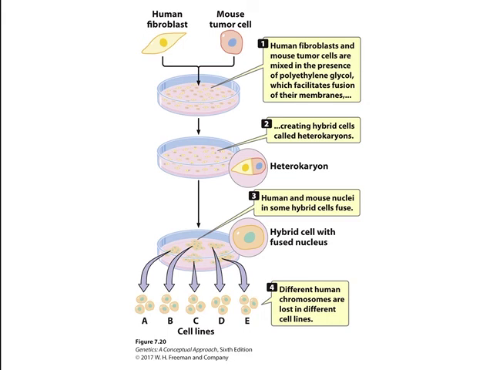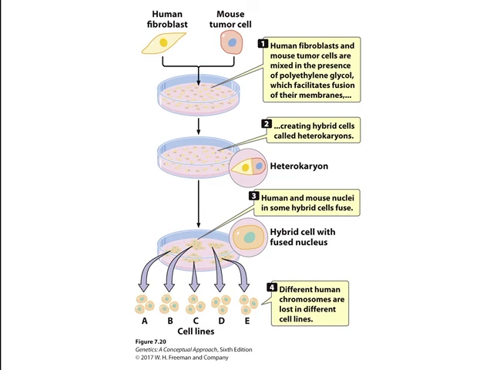This type of cell can be cultured in the lab and produce a cell line, which is basically artificially grown tissue that contains genetically identical cells that divide indefinitely and can be cultured in what we call a tissue culture dish. Okay? Fusion of somatic cells is basically somatic cell hybridization.